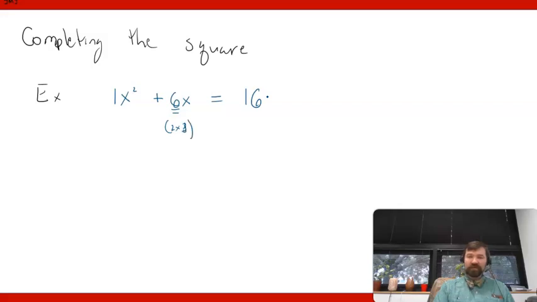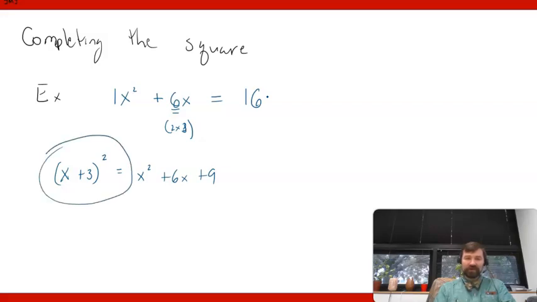And so I would notice that if I have x plus 3 quantity squared, that would give me x squared plus 6x plus 9. Okay, but I'm missing 9 from this side in order to be able to make this squared quantity.